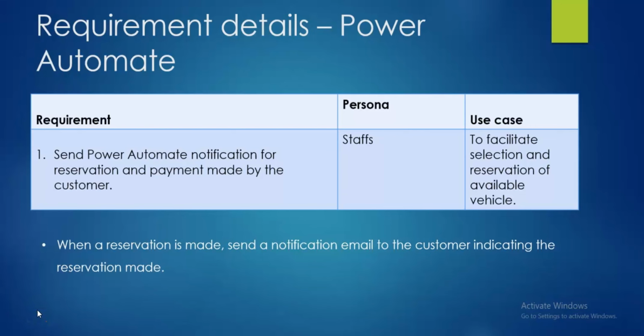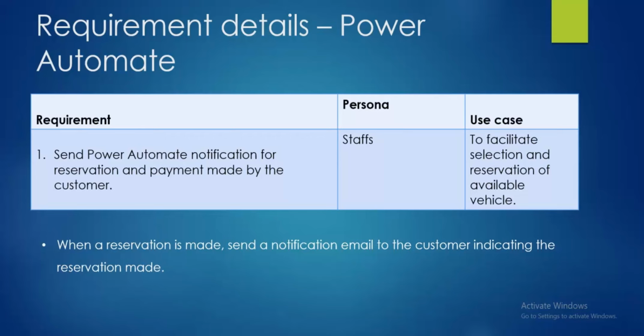Before we display the Power Automate in our apps, let's first look at the requirement. The requirement said we should create an automated notification, whereby when a reservation is made, it will send a notification email to the customer indicating the reservation made.